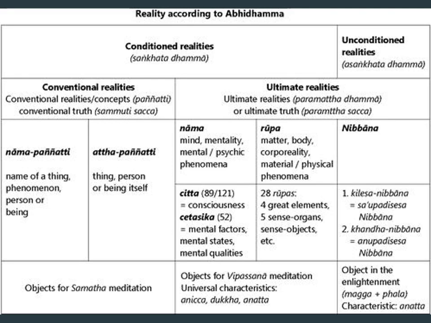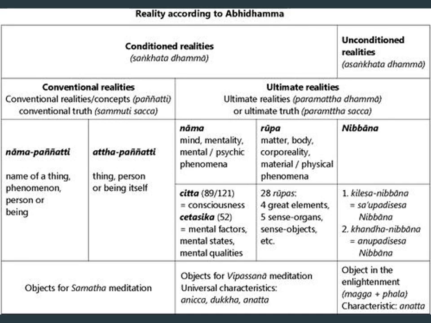Under cetasika in the middle, we see 52 classes of dharmas, mental factors or mental states or mental qualities. We can translate them as such.